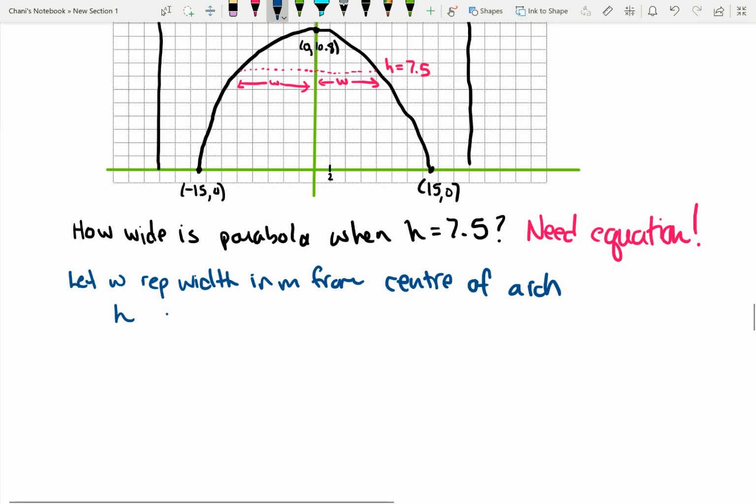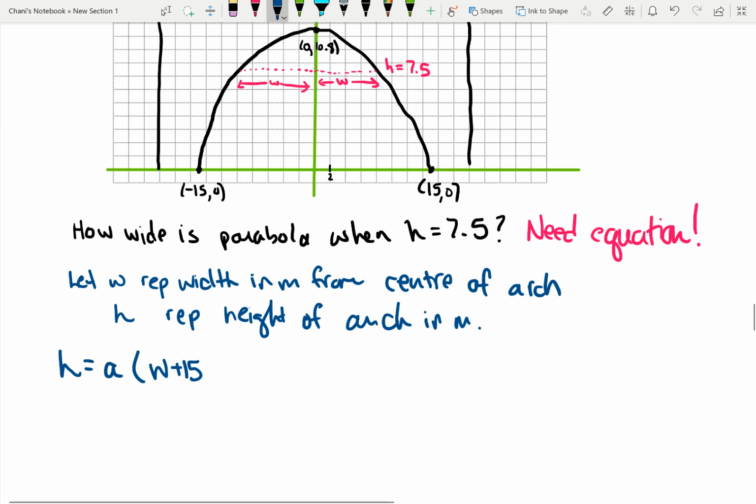And let H represent the height of the arch in meters. So our height is equal to some A value, which we need to find, and then our factors are W plus 15, W minus 15. Those are our x-intercepts. So we can put it in factored form like that. And we need to solve for A. In order to solve for A, we need to sub in a point. So now I will sub in 0, 10.8 to solve for A.